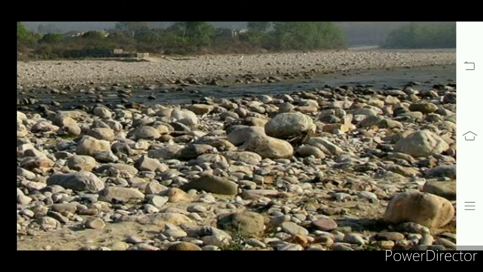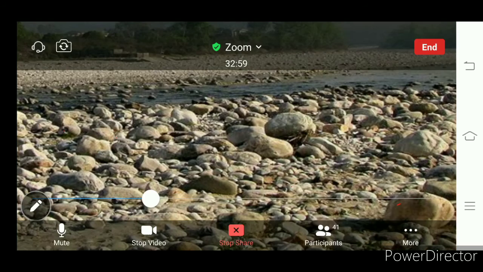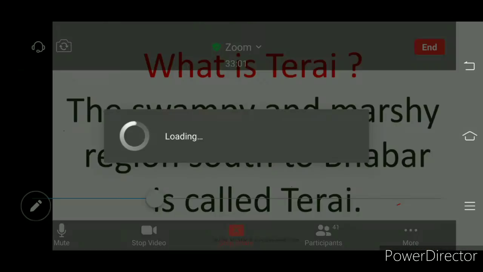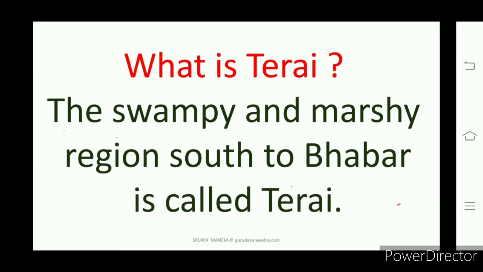Many small rivers and streams flow under the Babar. Look at here, under the Babar. After the Babar, they re-emerge, forming a swampy, marshy region that we call Terai.